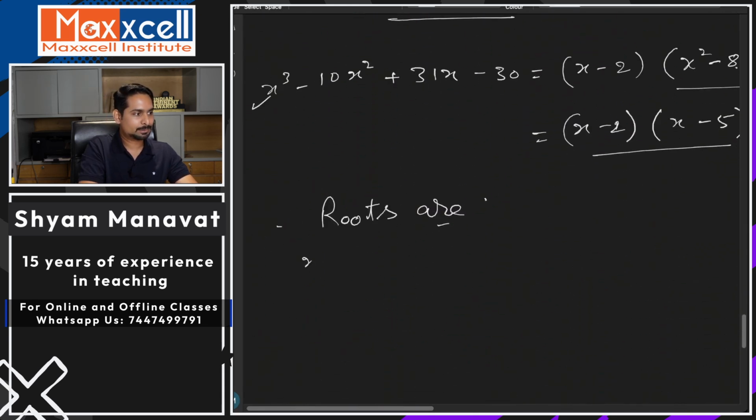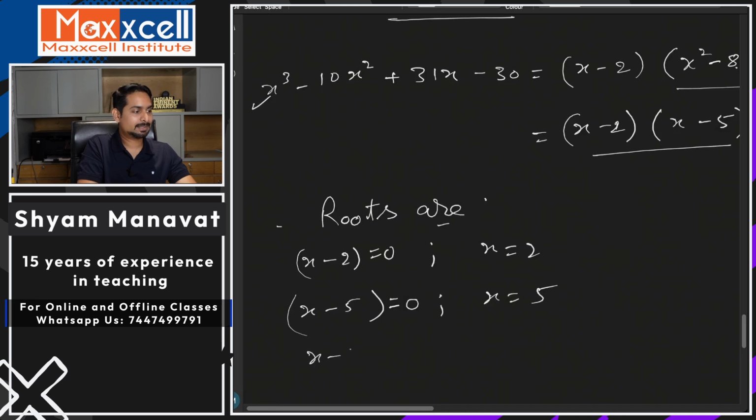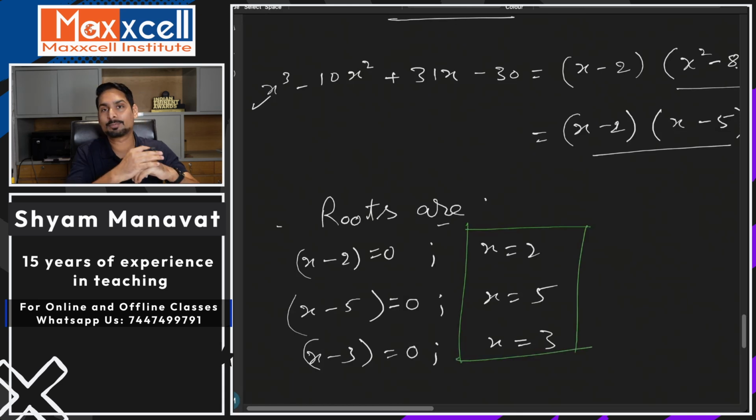If x minus 2 equals 0, then x will be equal to 2. x minus 5 equals 0, the second factor, that means x should be equal to 5. And if x minus 3 equals 0, then x equals 3. So you got the roots of this cubic equation, a third order equation, or an equation having maximum power of variable 3.